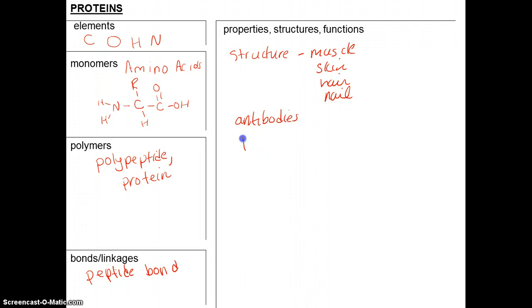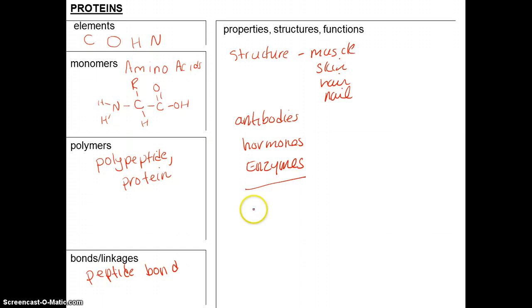They're messengers, like hormones. Most enzymes are proteins, so they conduct most of the chemical reactions. And what else? So proteins play a major role in our body.